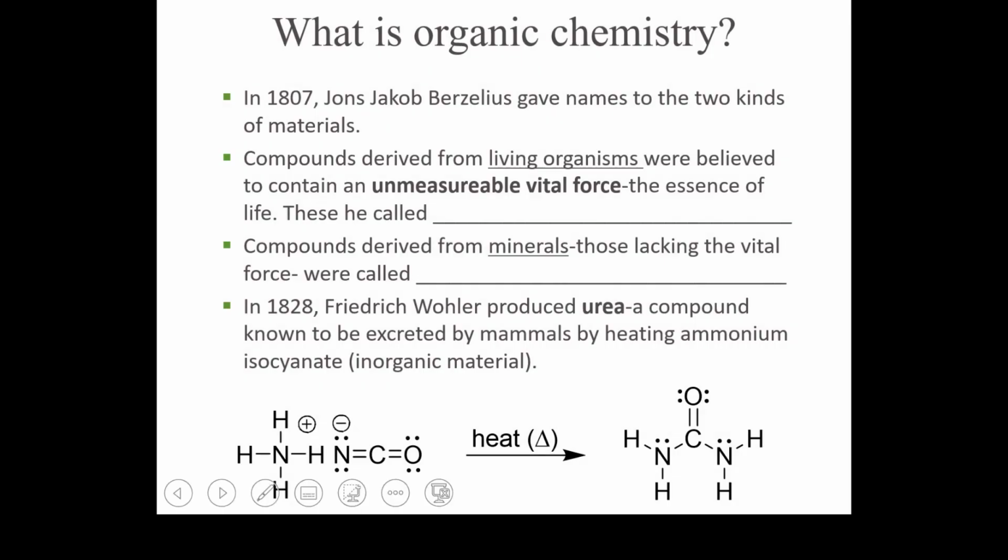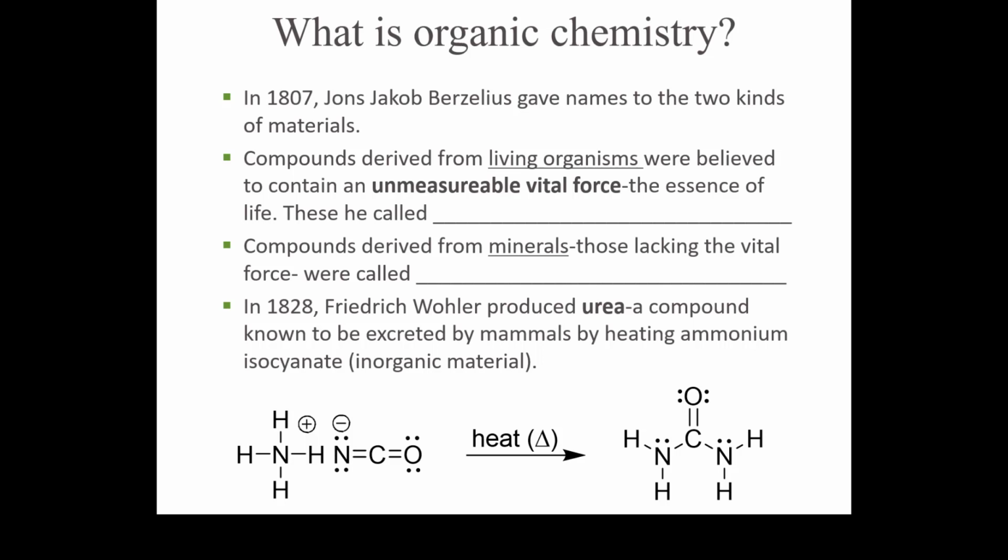What is organic chemistry? As we begin this class together, I wanted to discuss a little bit of history about organic chemistry, where the term comes from, and a little bit about how it's changed over time. Back in 1807, which in the grand scheme of time is not that long ago, two kinds of materials were given names, organic and inorganic.